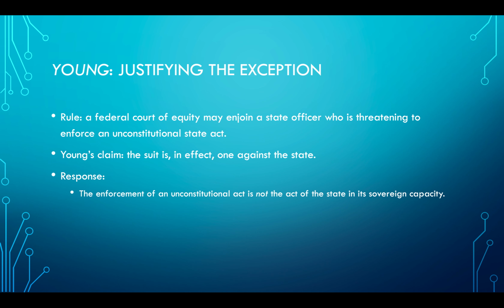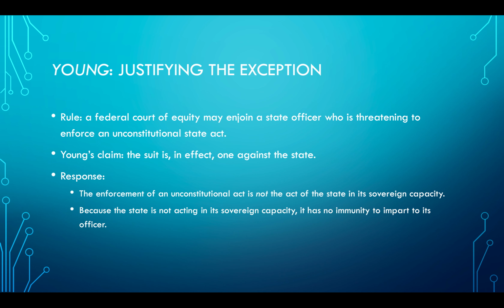Why is that not the case? Because the court said when an individual officer of a state attempts to enforce an unconstitutional act, that action of enforcement is not the act of the state in its sovereign capacity. I'll break down each of these points in just a minute.